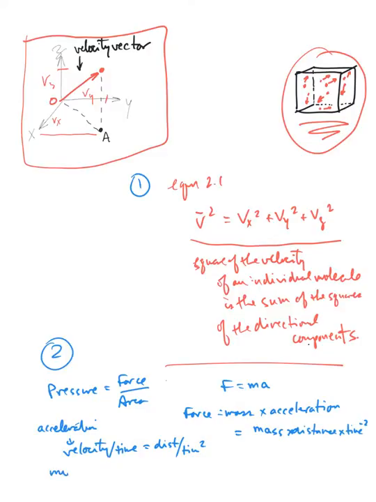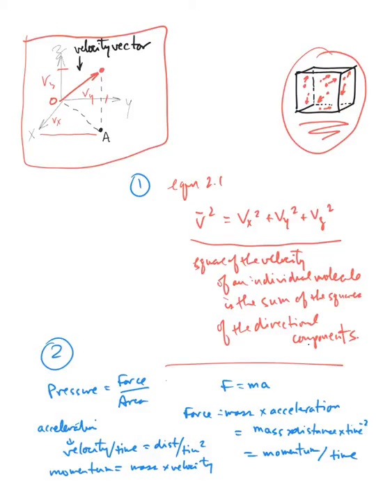Here, the definition of momentum comes into play. Momentum, if you recall, is mass times velocity. So I could rewrite my expression for force as momentum over time, using the definitions we mentioned earlier.